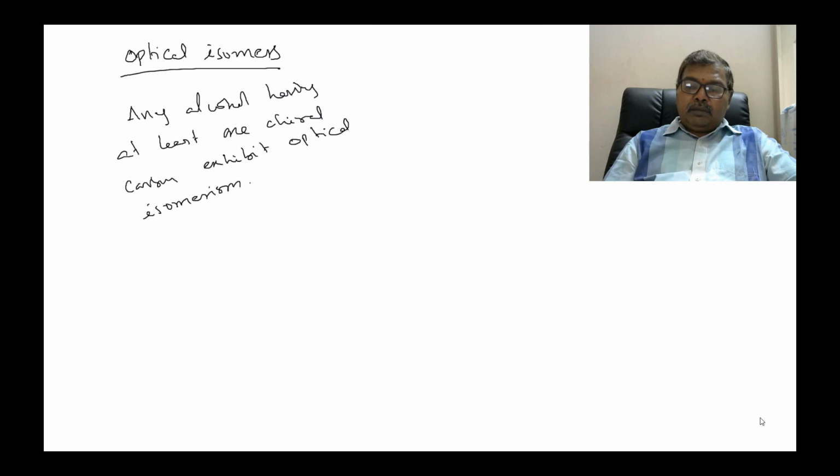For example, secondary butyl alcohol is the first alcohol that exhibits optical isomerism.